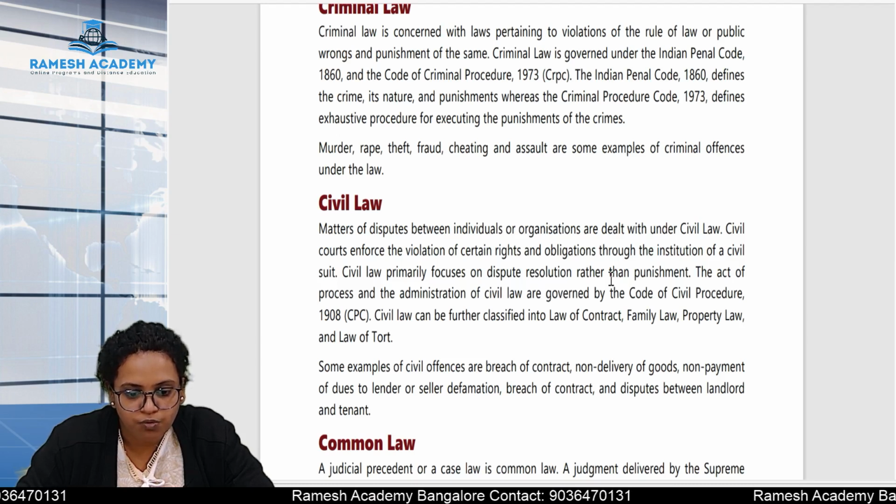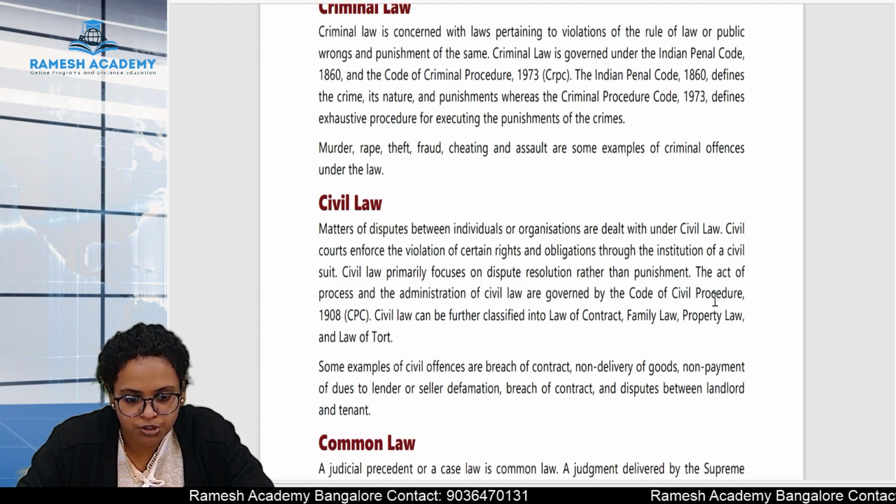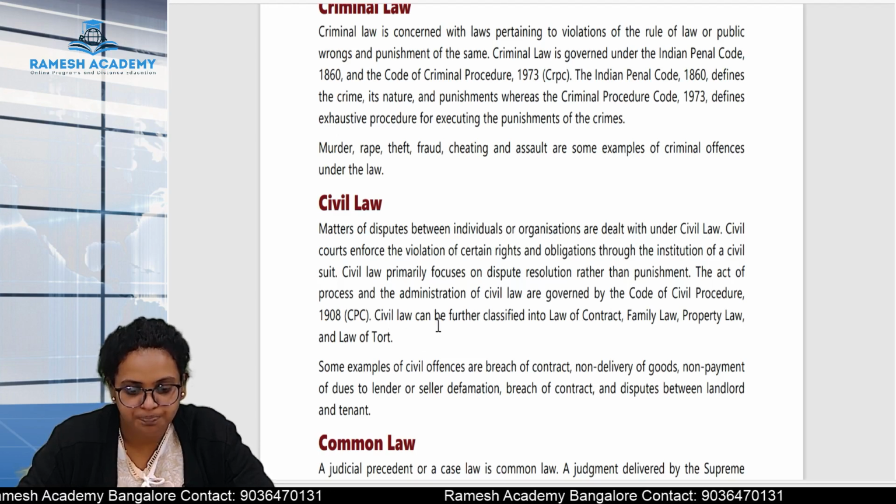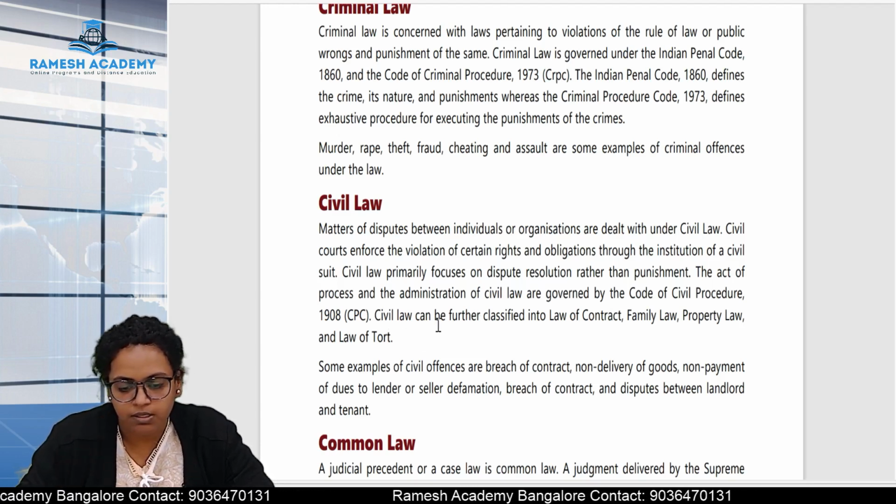The process and the administration of civil law are governed by the Code of Civil Procedure 1908, CPC. Civil law can further be classified into law of contract, family law, property law, and the law of tort.